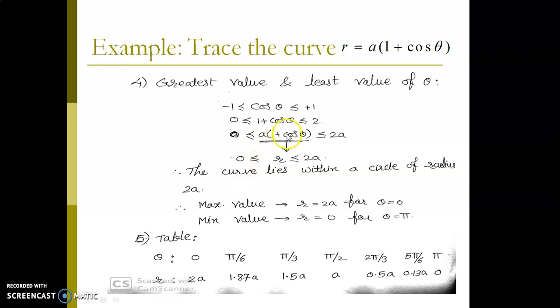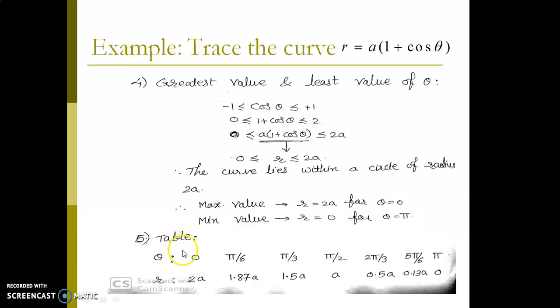Therefore r lies between 0 and 2a. The maximum value is r equal to 2a for theta equal to 0. Theta equal to 0 means the initial line, that means the x-axis in Cartesian form. The minimum value is r equal to 0 for theta equal to pi.